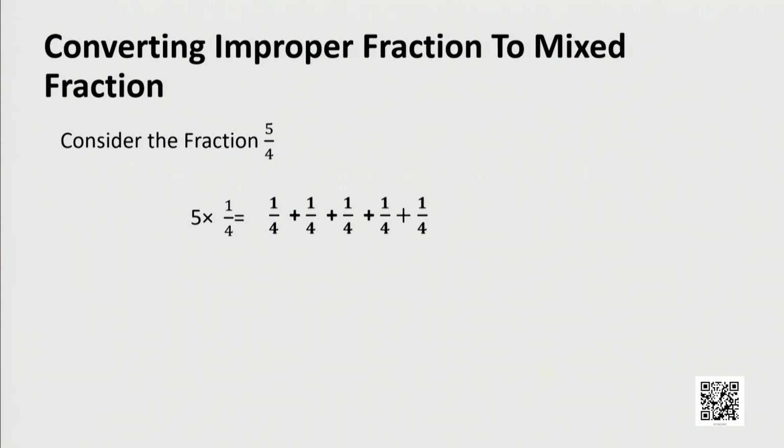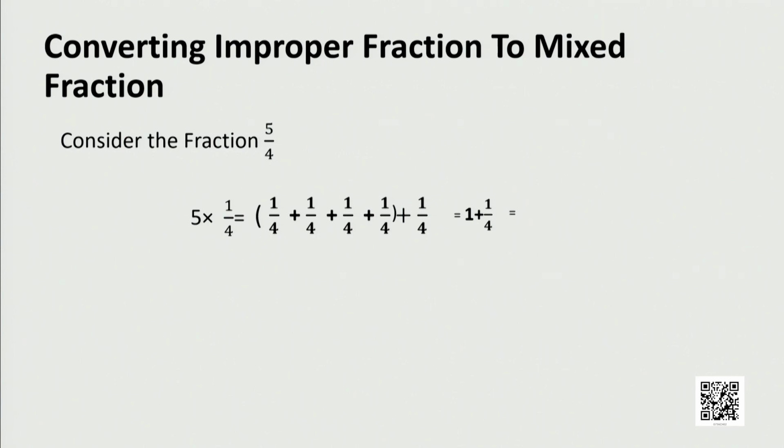Now I want to see how many whole things are here. You can see that if 1/4 is added 4 times, it becomes a whole. So I am going to collect 4 1/4s, and it will represent 1. So it would be 1 plus 1 over 4. If I want to write this in mixed fraction form, how am I going to write it?